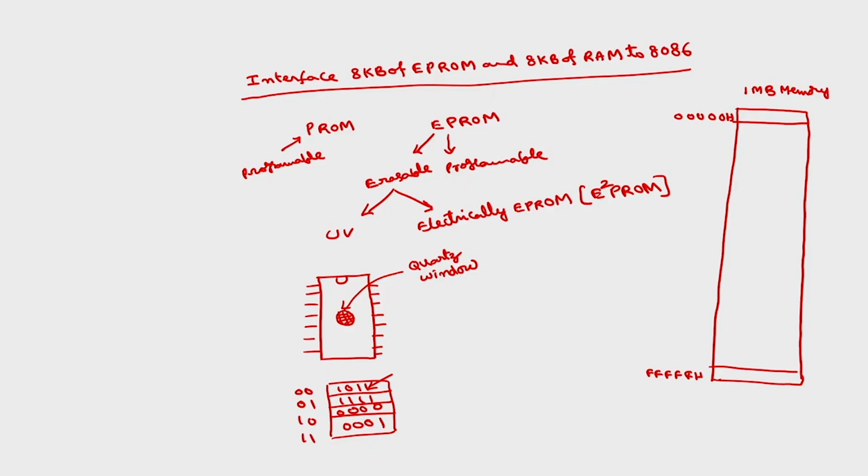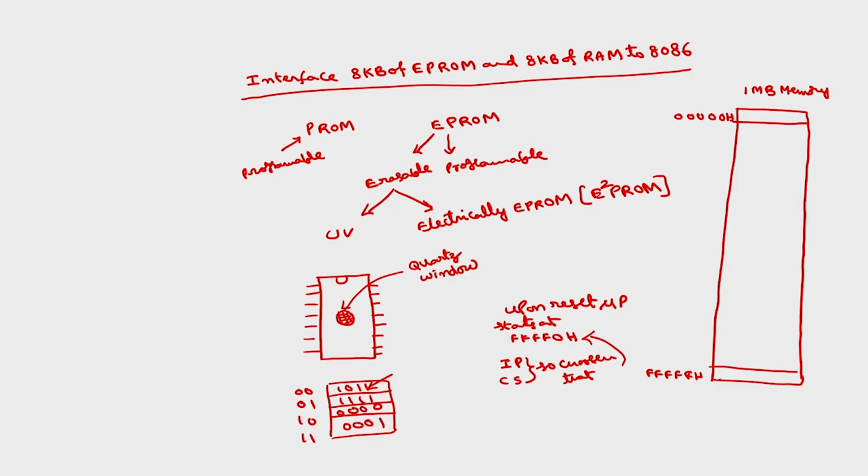But the usual practice is this: whenever the microprocessor is reset, it will point to address FFFF0H. Upon reset, the microprocessor starts at this address. The IP and CS will be so chosen that it will go to this particular address.